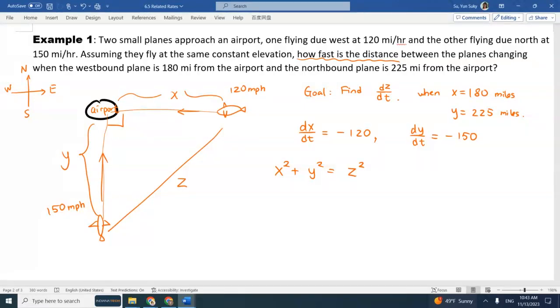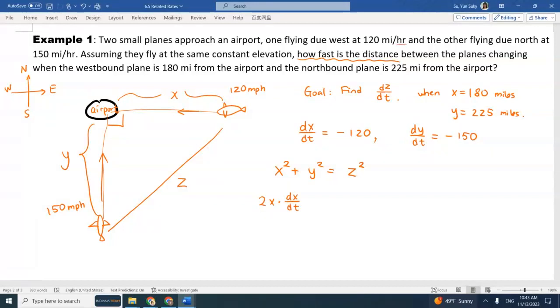Now we're gonna take the derivative with respect to time. What's the derivative of x squared with respect to time? So the derivative of x squared is 2x, but times x prime, which is dx dt.